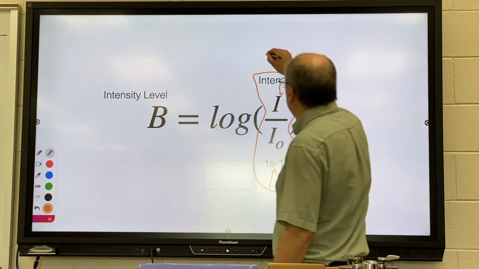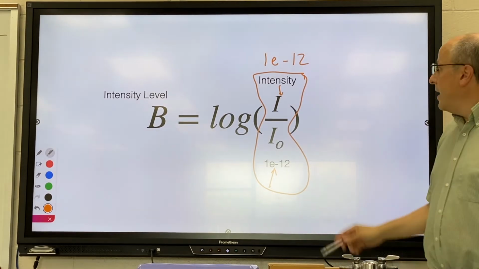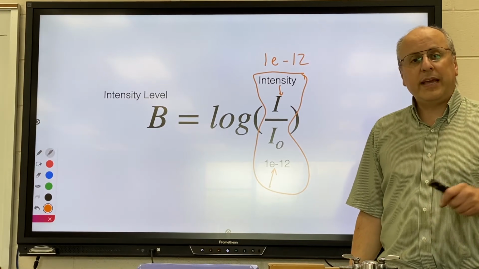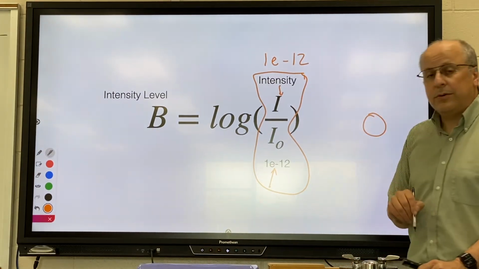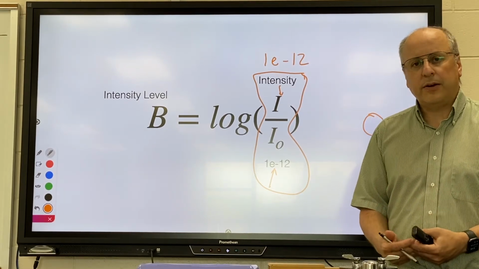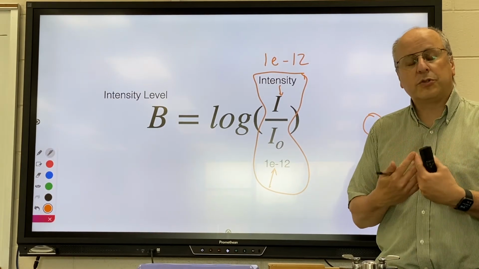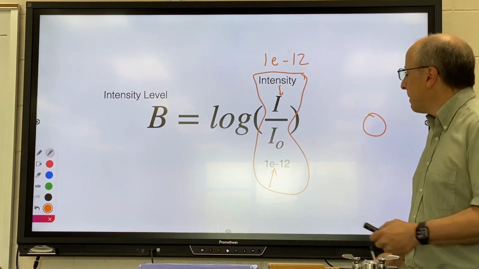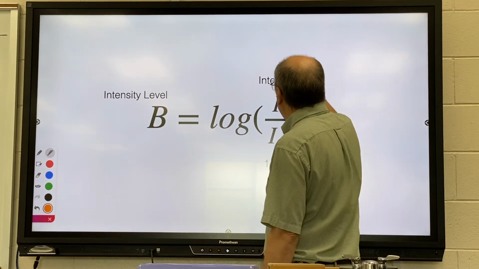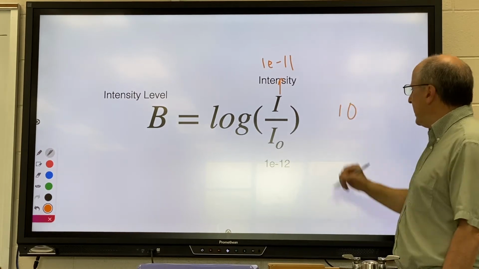Let's say, for instance, that you had an intensity of 1 e to the negative 12th. If you divide those two, you get a fraction equivalent to 1. When you take the log of 1, you get 0. That will be the starting point for sounds that humans can hear. So if the intensity level is 0, that is like the softest sounds humans can hear. Once we get higher intensity, if we had an intensity of 1 e to the negative 11th, we would divide these and we'd get 10.